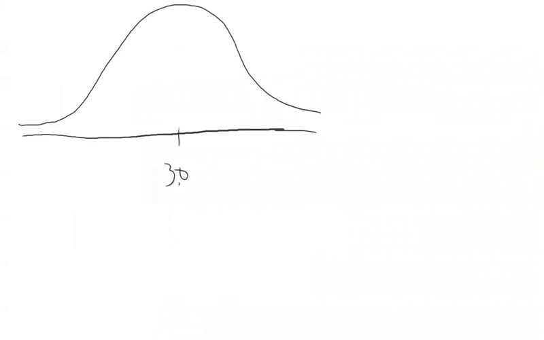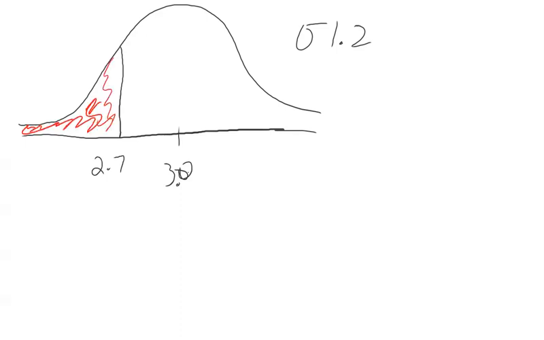So our mean is 3.0. We have a standard deviation of 1.2. And if we go back to the question where I didn't write it perfect, I said 2.7, right? The way probabilities work, probabilities are the area under the curve. So when I shade this, I'm actually doing calculus.